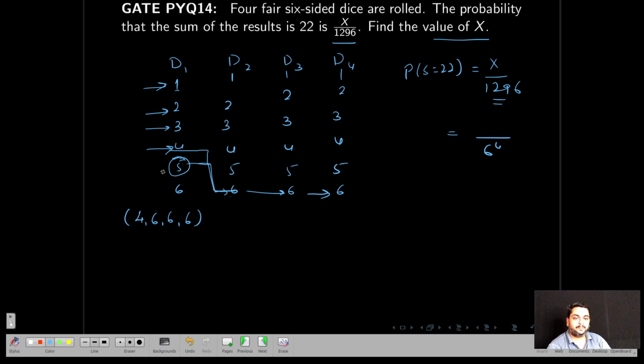Next, start with 5, 5, 6, 6, 6. Is it possible? It will be 23, which is more than 22, so it's not considered. Now 5, 6, 6, is that possible? No, not possible. So I have to go with a different path.